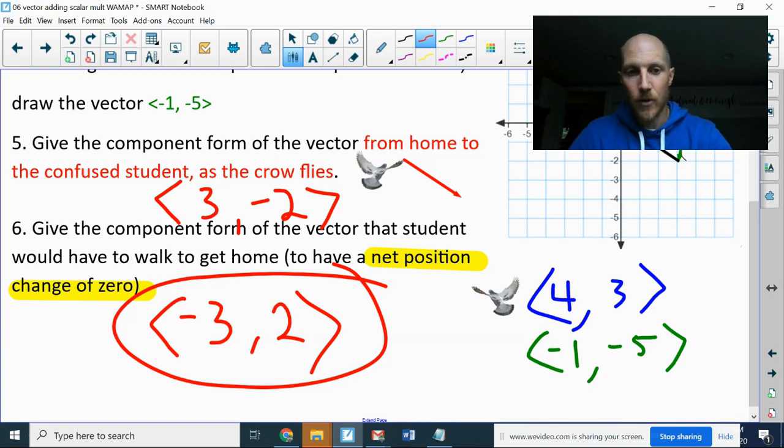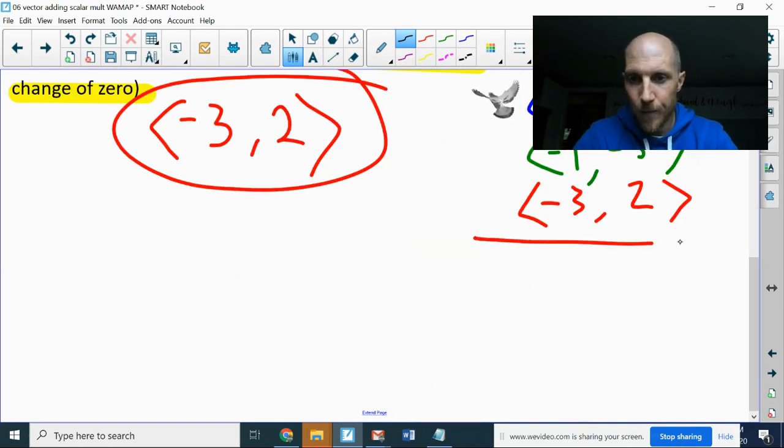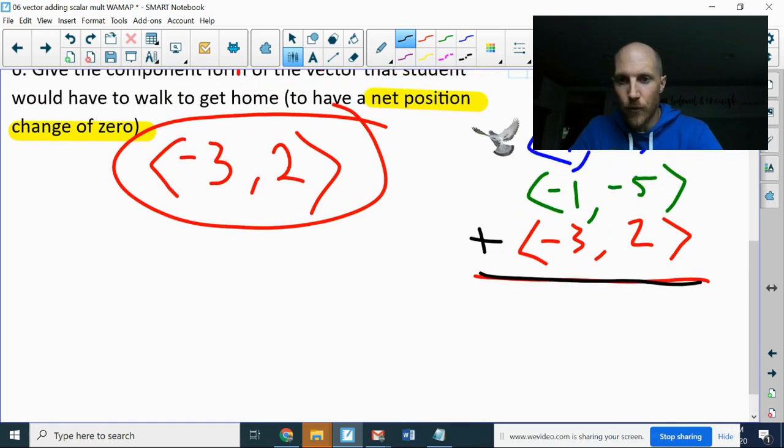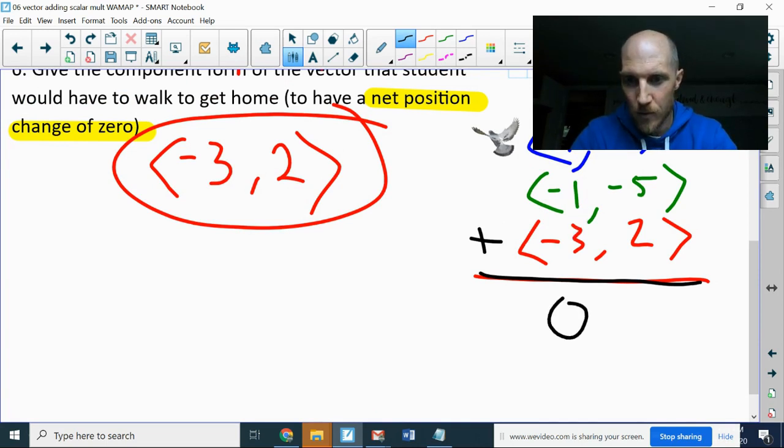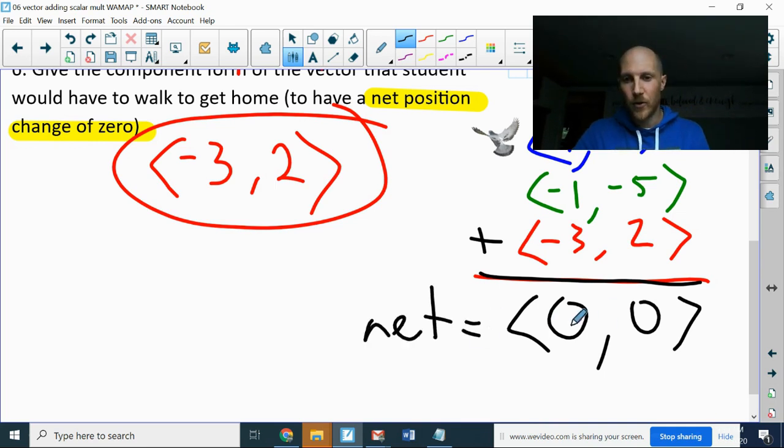And if I add together our answer to number 6 here, that -3, +2, when I add these all together, if I've done this correctly, it should give me a net of 0. So 4 minus 1 is 3, and then -3, that's 0. If I add the y column, 3 minus 5 is -2, plus 2 is 0. Okay, so the net is 0.